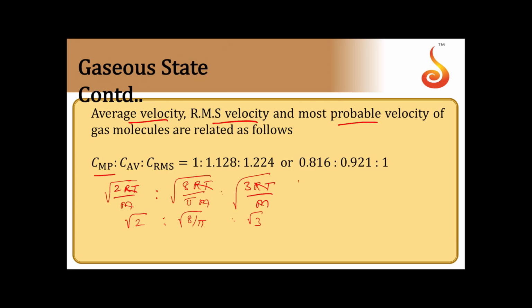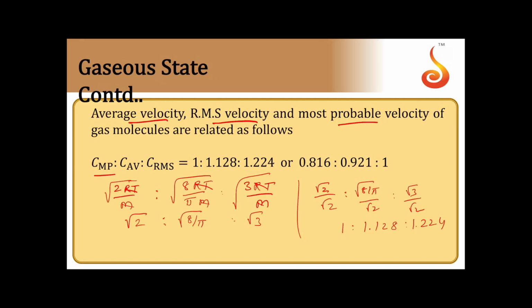So therefore it is root 2 by root 2 is to root 8 by pi by root 2 is to root 3 by root 2. On simplification, we are going to get 1 is to 1.128 is to 1.224.